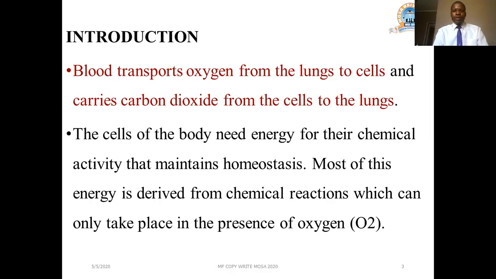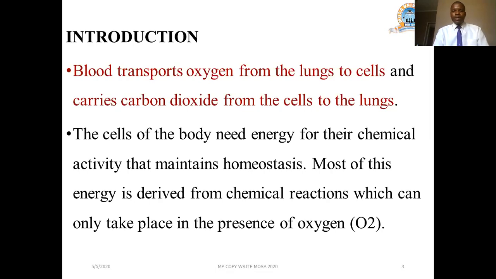The cells of the body need energy for their chemical activities that maintain homeostasis. Most of this energy is derived from chemical reactions which can only take place in the presence of oxygen, abbreviated as O2.